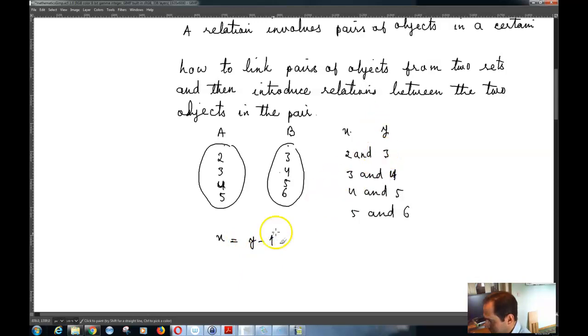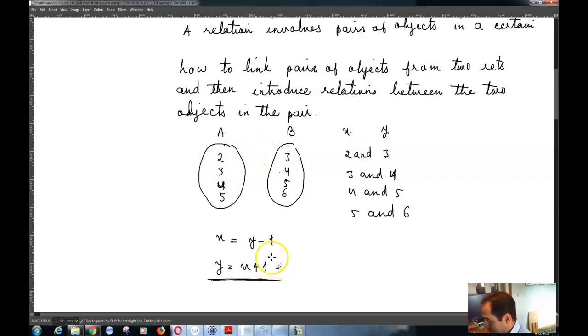Or basically you can say that y is equal to x plus 1, meaning that the number that you can find here, if you add 1 to it, you will get y over here. That's basically the relation that you can find between these numbers that you have taken from these two sets.